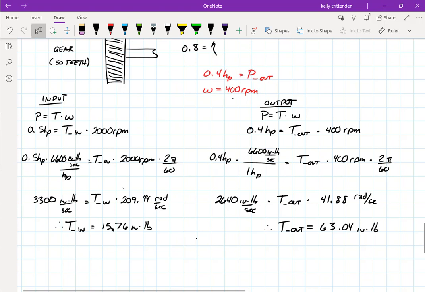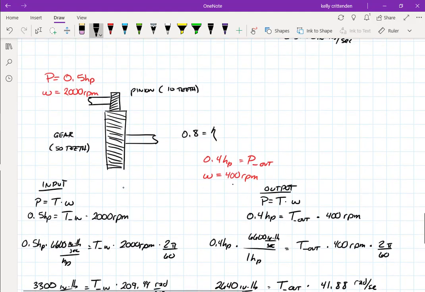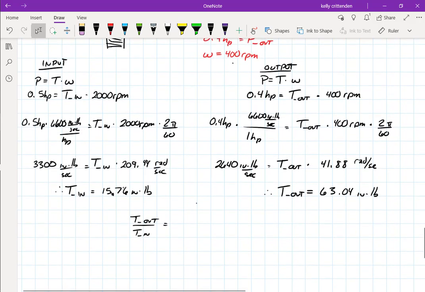If you take the ratio of these torques, torque out to torque in, if we were 100% efficient, then it'd be a ratio of 1 to 5, so the output torque would be 5 times greater than the input torque. But when you actually use the numbers we have, 63.04 inch-pounds out and 15.76 inch-pounds in, that's a ratio of 4.0.